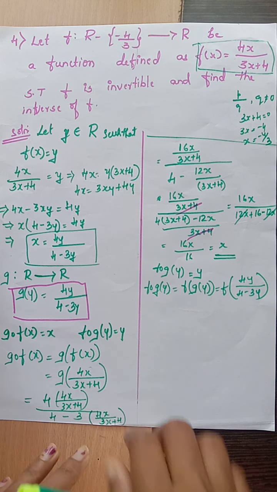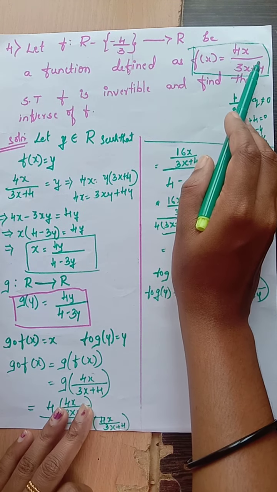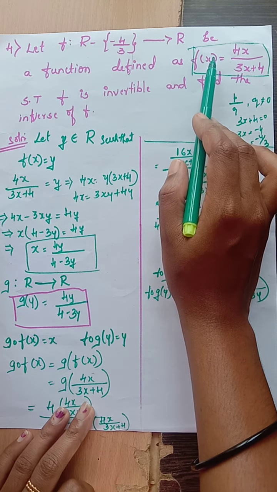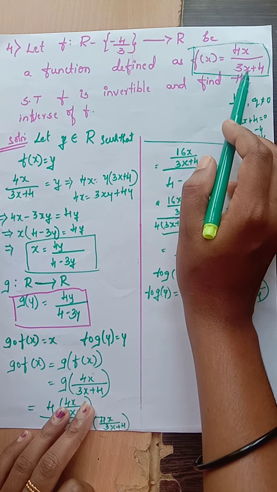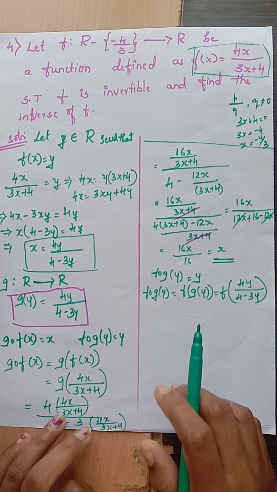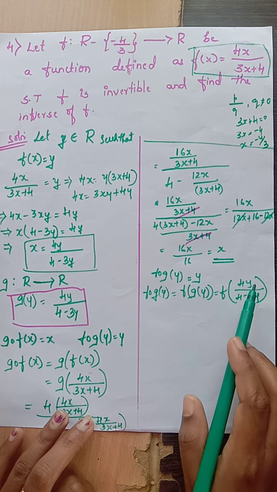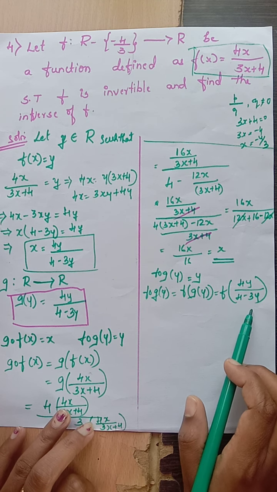Now what we have to do? We know f of x is 4x divided by 3x plus 4. Then what is f of 1? Wherever we have x, we have to replace it by 1. Now instead of x, we have 4y divided by 4 minus 3y.